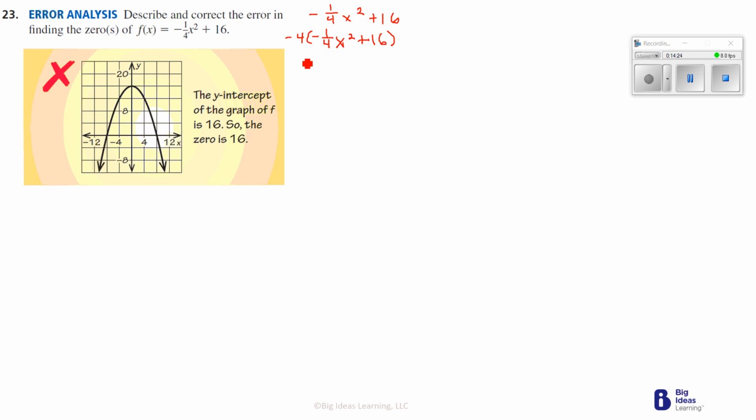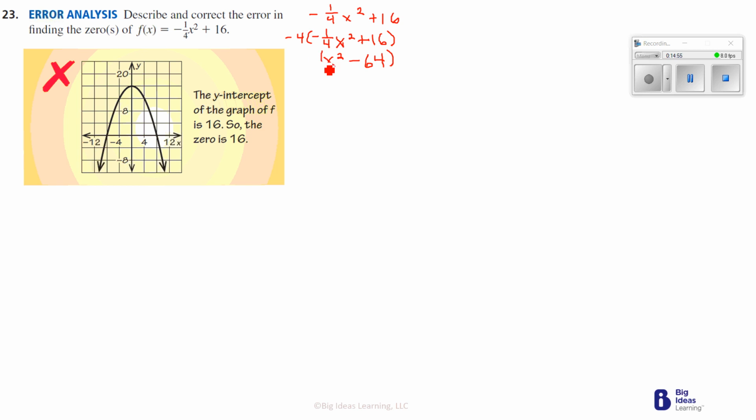So this will become 1x squared, because negative 4 times negative 1 is 4, and 4 divided by 4 is 1x squared. And then 4 times 16 is 64. And a negative times a positive is going to give me a negative.